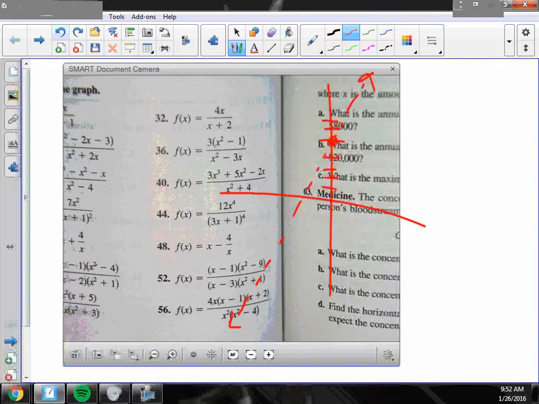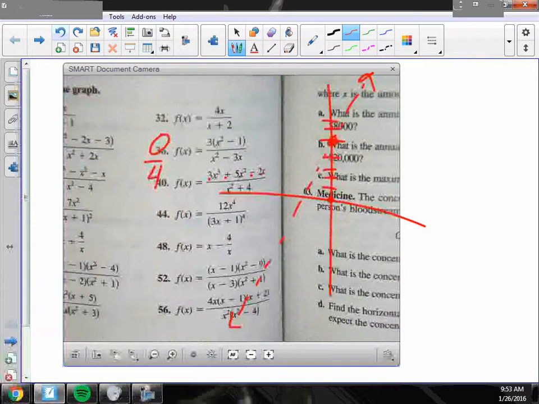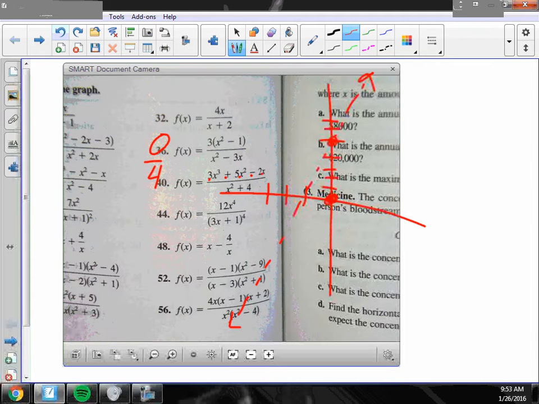And then what is it going to look like? So if we plug in 0, so 0 plus 0 minus 0 over 0 plus 4, 0 over 4. So it's right there. And then let's plug in, this is kind of a pain, negative 3. Is that actually going to go into it?